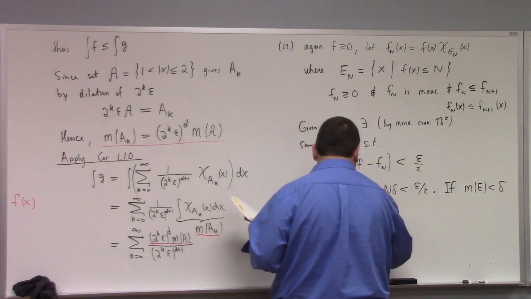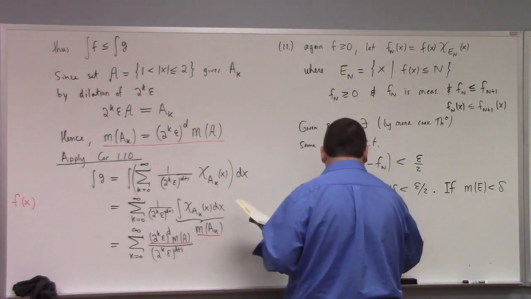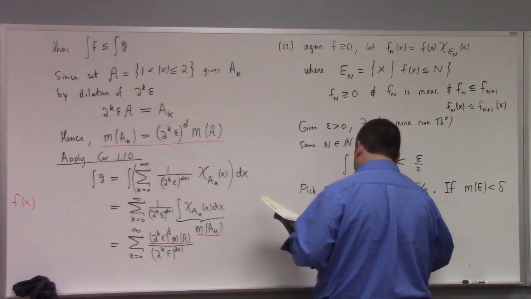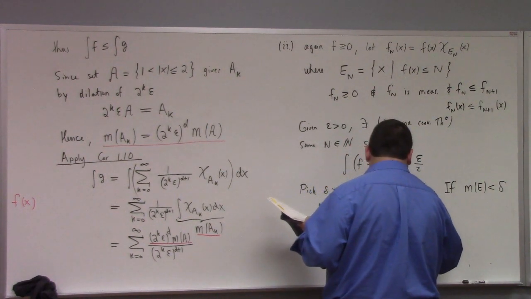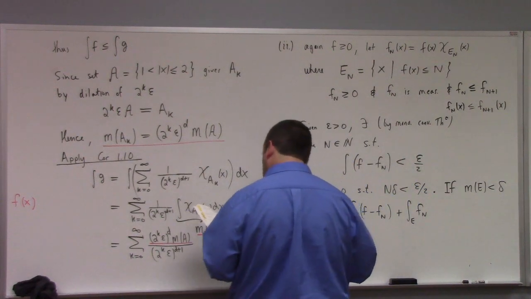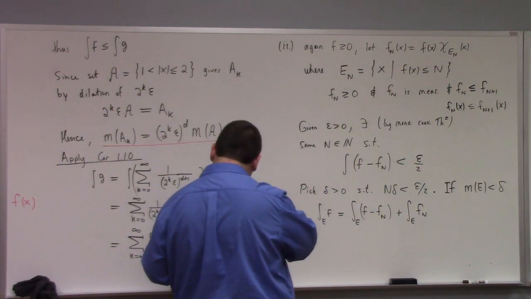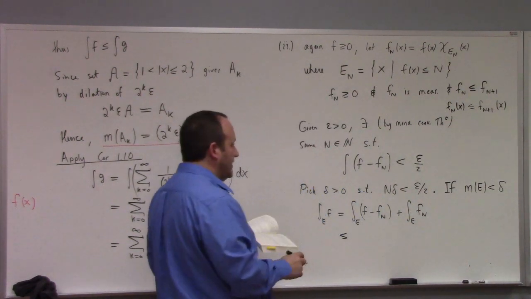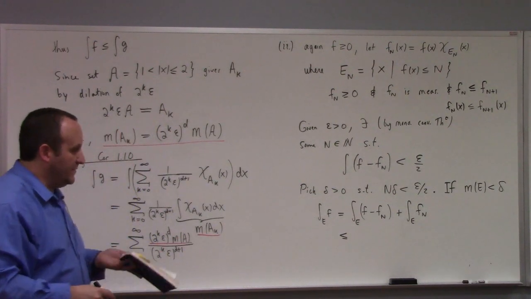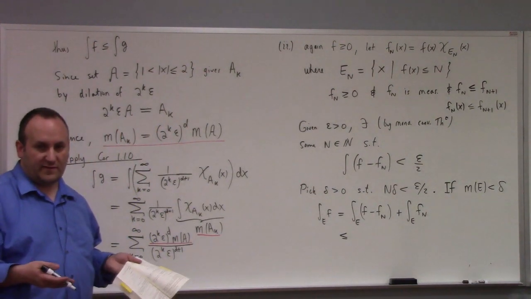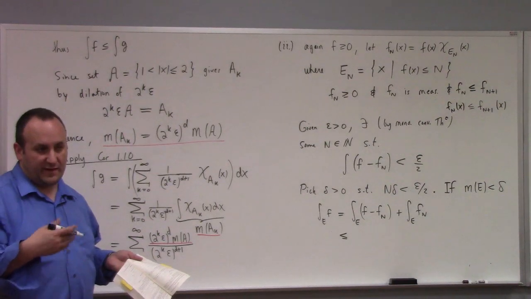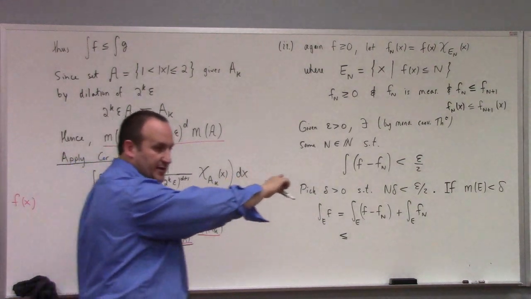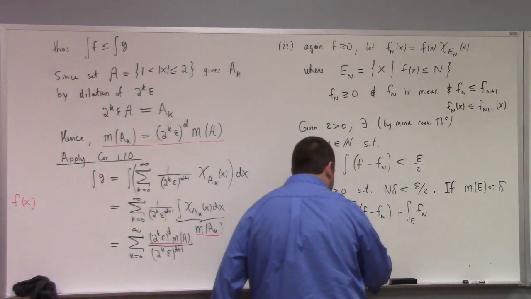The integral of f minus fn over E plus the integral over E of fn, so just added 0. But we did so strategically, because rather than just integrating over E, for which we don't have any bound, what we have a bound for is the integral of f minus fn over all of Rd, namely epsilon over 2 from right here. So he's adding in the rest of the points.